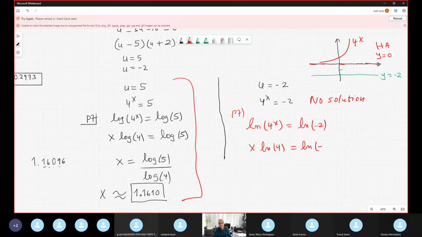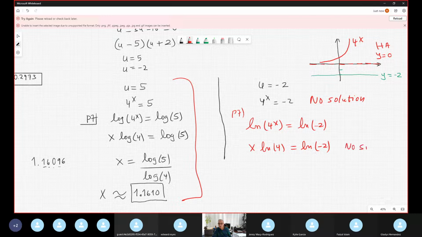Oh, then I see something weird: the logarithm of a negative number, which is impossible, no? Suppose you remember that the domain of the logarithm function is only positive numbers; zero is an asymptote, it never touches zero. Okay, this is another moment where you say, oh, no solution.